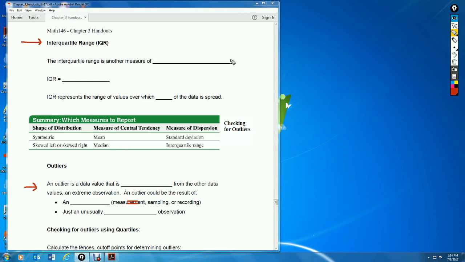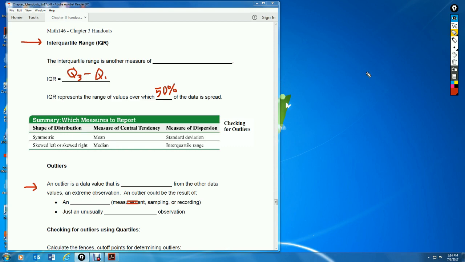Specifically, it is the difference between the first and third quartiles, or IQR is equal to the third quartile, Q3, minus the first quartile, Q1. Basically what it represents is the range of values over which 50% of the data is spread, because between Q1 and Q3 is where the middle 50% of the data lies.